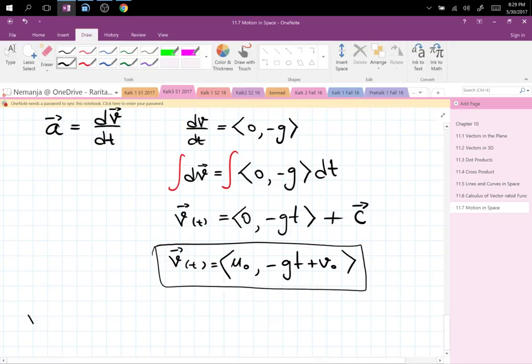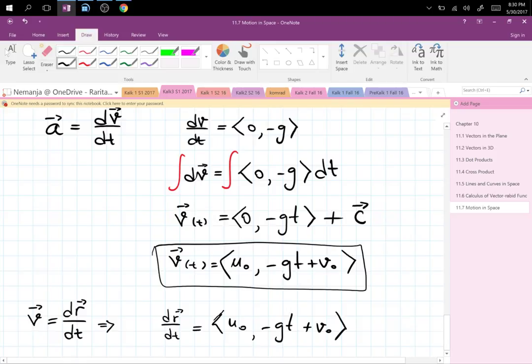So now I know that velocity is change in position over time. In order for you to go from point A to point B, you have to have some velocity. You have to drive 30 miles per hour or 50 miles per hour to get from point A to point B. So change in position over time, which tells us that dr/dt, which is the velocity, has this vector u0, negative gt plus v0.